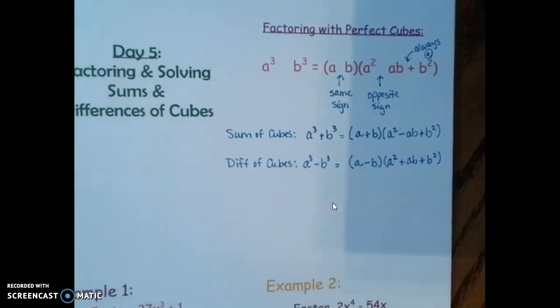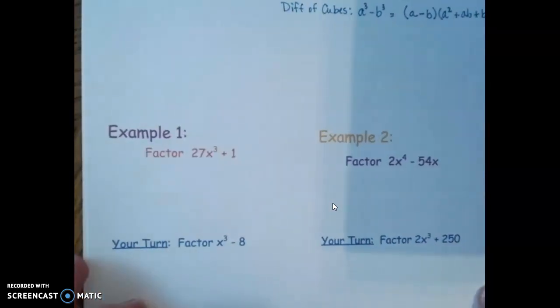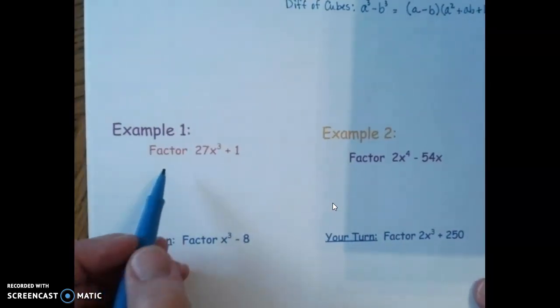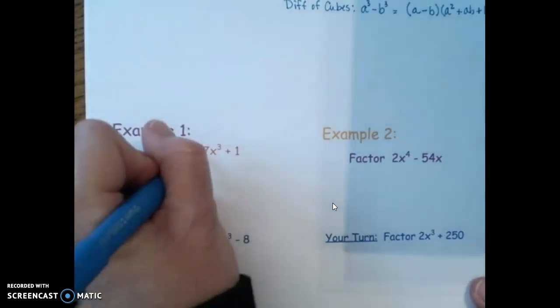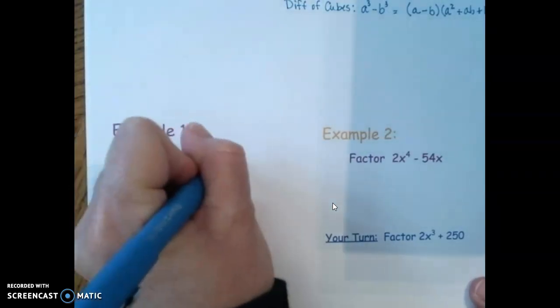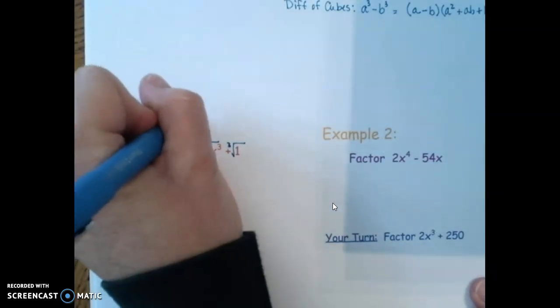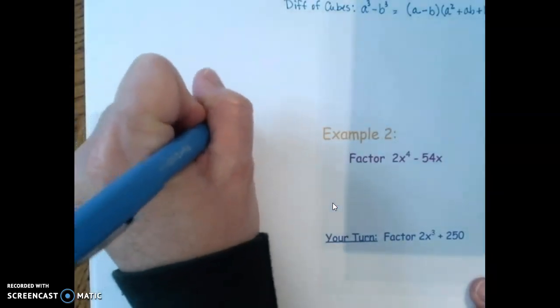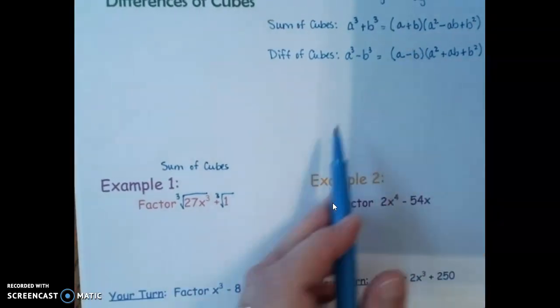So now let's do some with numbers instead of all these variables. Our first example says factor 27x to the third plus 1. The first thing that I want you to do is take the cube root of each term. So in this case we have a sum of cubes. If you want to refer back up here to help you, you can.